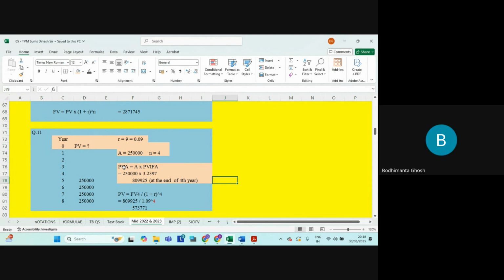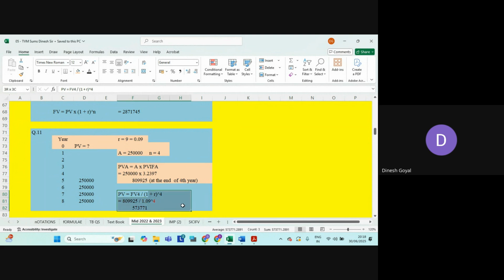Yes, sir. This concept is important for this type of sum. ये भी मैंने ऑलरेडी इस टाइप के सम डिस्कस किए हैं टेक्स्ट बुक में. सो ये वैल्यू 4th ईयर एंड का है. 4th ईयर एंड से हमें आज का वैल्यू निकालना है, प्रेजेंट वैल्यू. तो द नॉर्मल फॉर्मूला, प्रेजेंट वैल्यू इज इक्वल टू फ्यूचर वैल्यू अपॉन (1+r)^n, and then you solve it, so you will get this value.